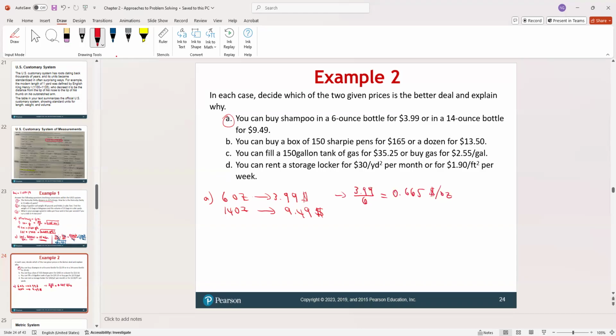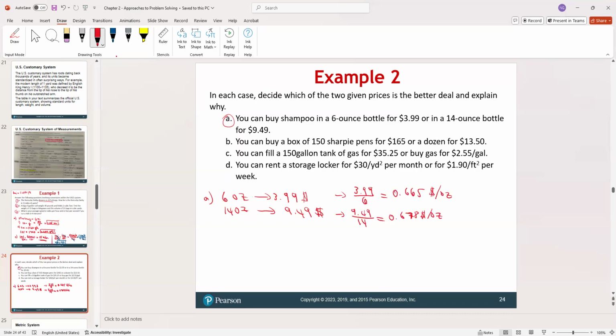Now let's try for this one. If you take $9.49 over 14 ounces, when you do this division, it would give you 0.678 dollars per ounce. So between these two, which one do you think is a better deal?